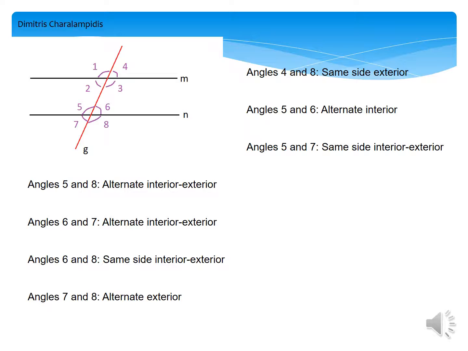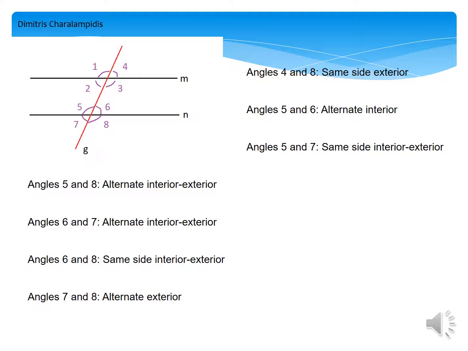Angles 5 and 6 are alternate interior angles. Angles 5 and 7 are same side interior-exterior angles. Angles 5 and 8 are alternate, they are placed on different sides of line G. Interior, that's angle 5, exterior, that's angle 8 respectively.